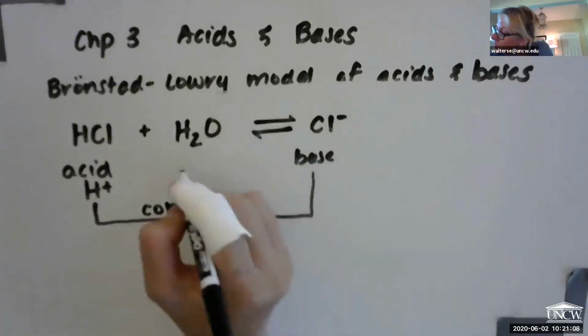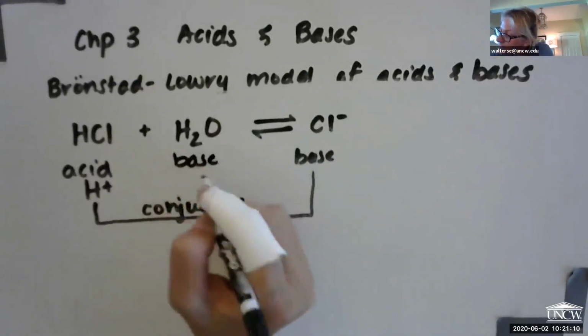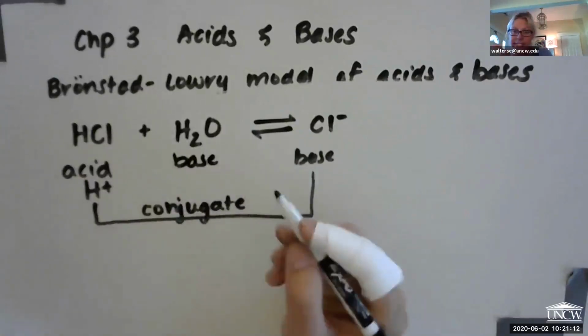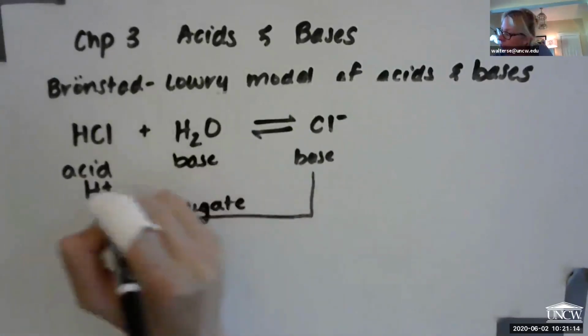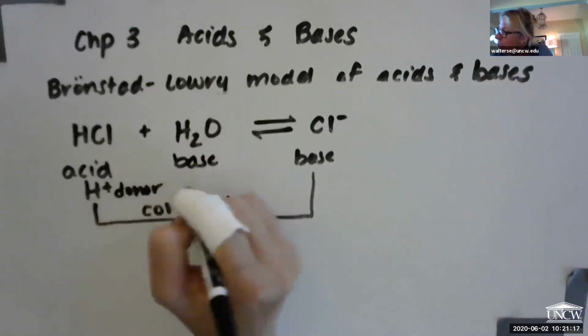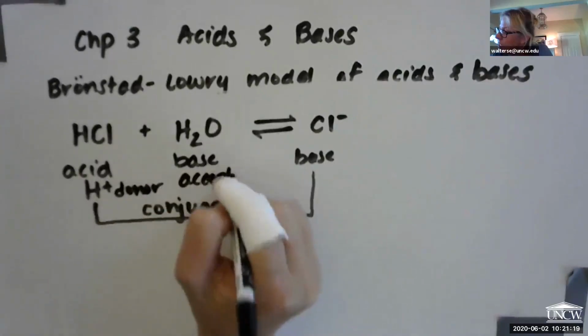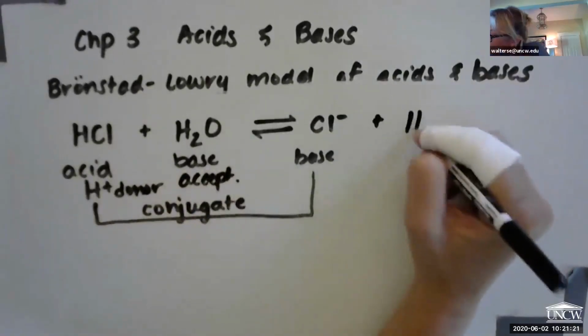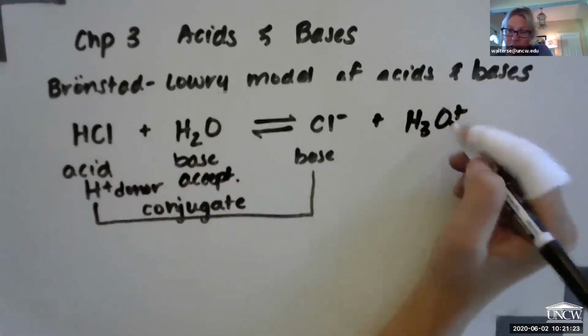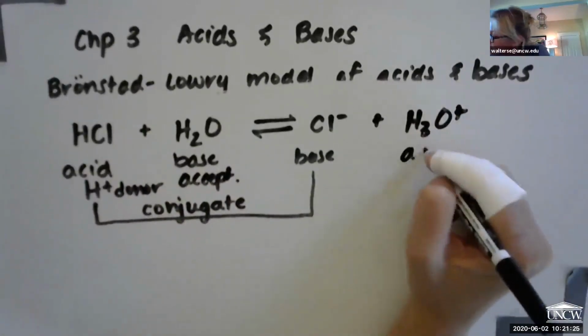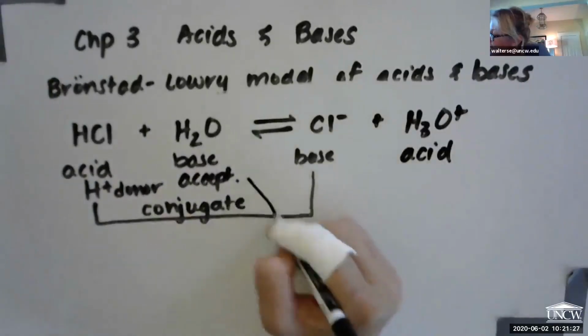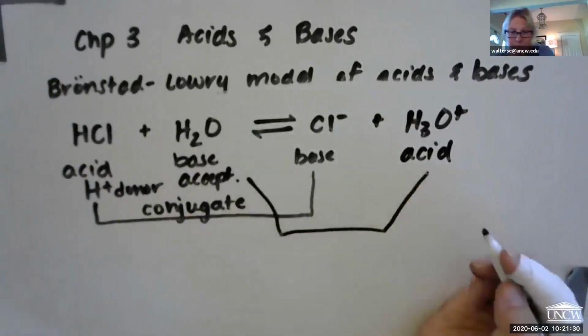Okay. The water is the base, so it's going to take the proton. This is a donor. This is an acceptor. And we'll make H3O+. That's called hydronium. This is the acid. And these represent a conjugate pair.